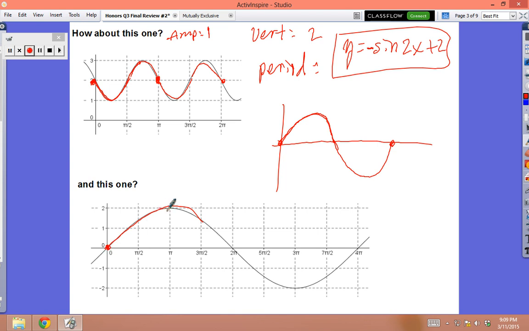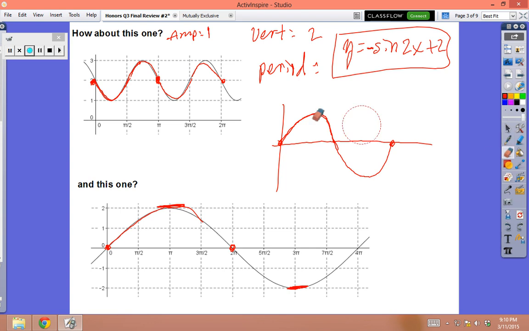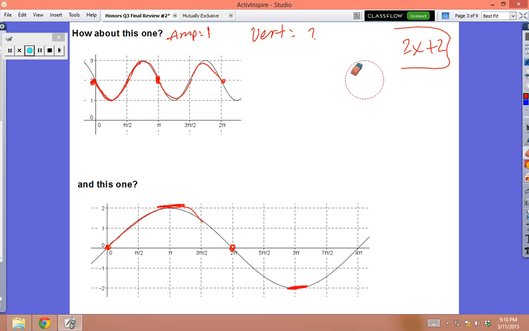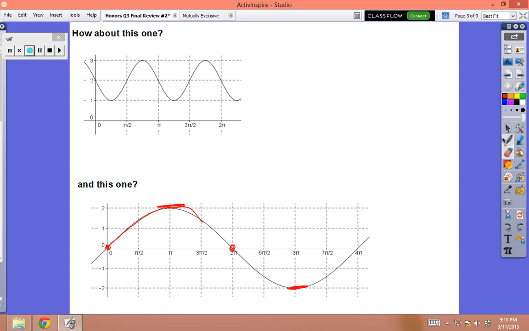And it goes up to 2. That's my maximum. My minimum is a -2. And it is halfway on 0, so it has not been shifted vertically. It has just been, the amplitude's been changed, and it looks like it's been stretched out horizontally.